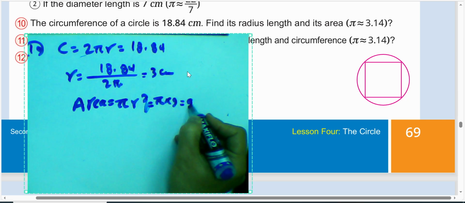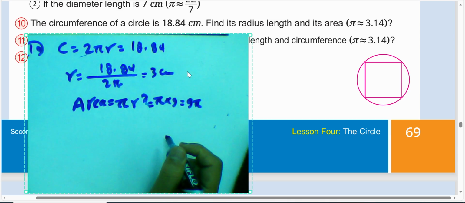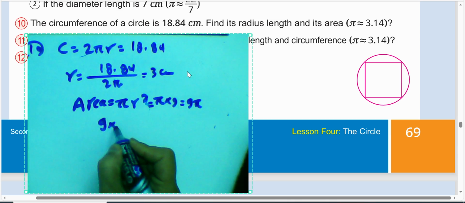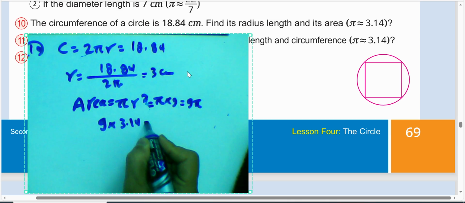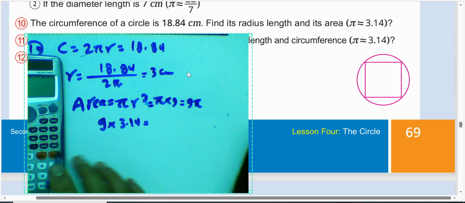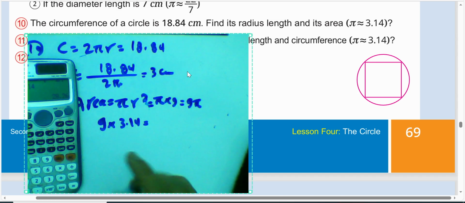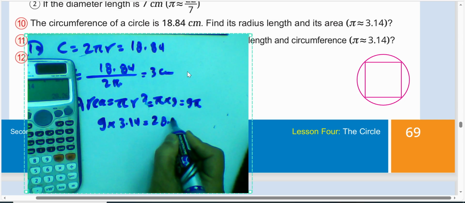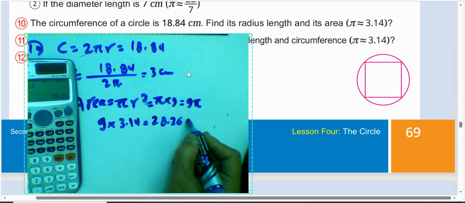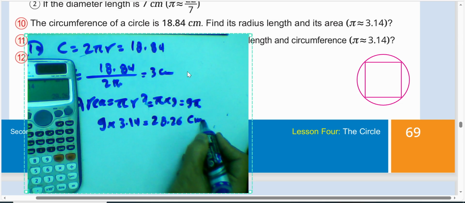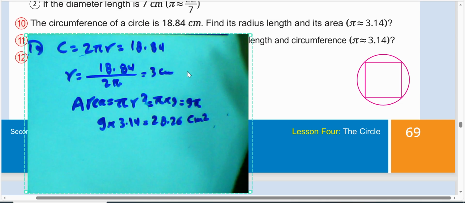Then the result will be 9 times 3.14. The result will be 28.26 square centimeters. This is question number 10.